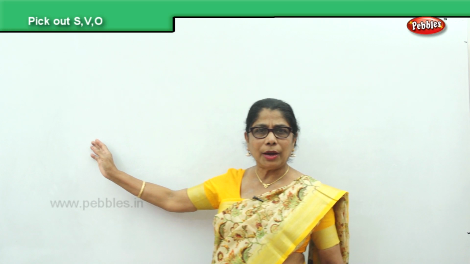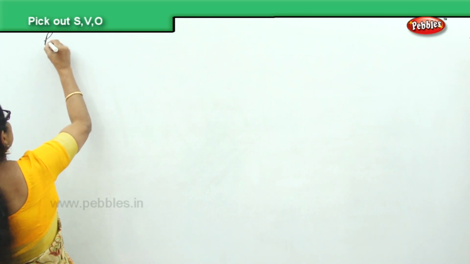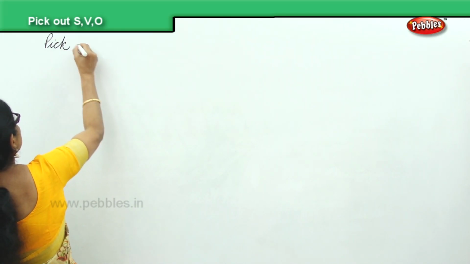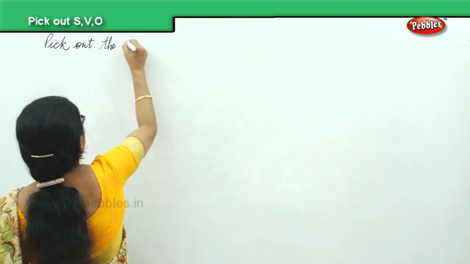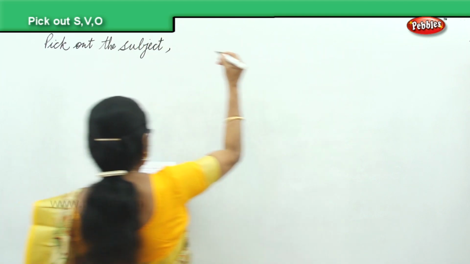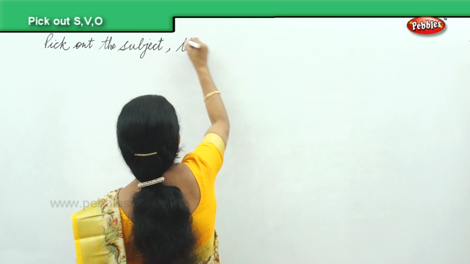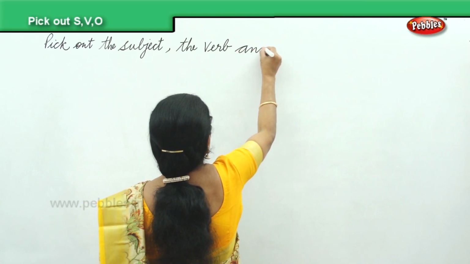Now, I am going to put down few sentences for you to pick out the subject, the verb, and the object. And that will help you to recollect what you have already learned. Okay. Pick out the subject, the verb, and the object.